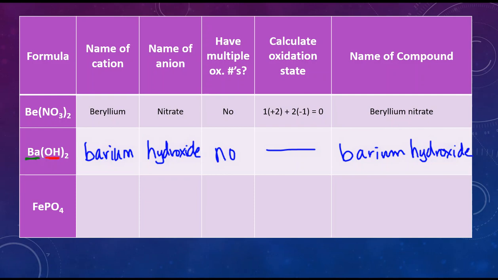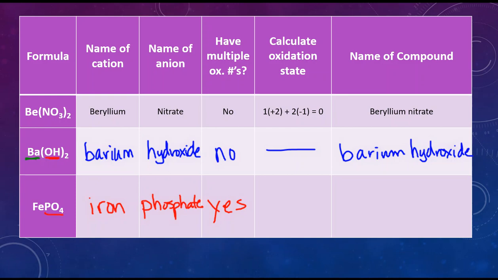Now let's look at the next one. What's Fe? Fe is iron. Good. Is iron a multiple oxidation metal? Yes, it is. So now we do have to do a calculation for this one. But before we get there, what is PO4? Which one is that polyatomic? Phosphate. That is phosphate. Very good. So we would write down phosphate here as the anion name. Now, let's always start with the anion.